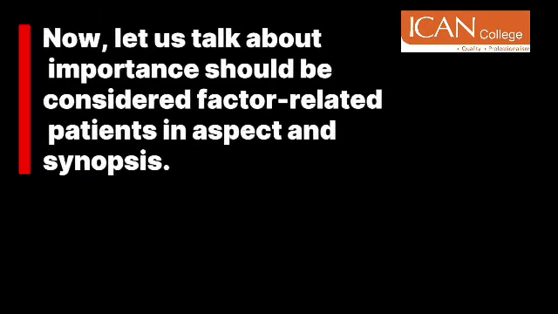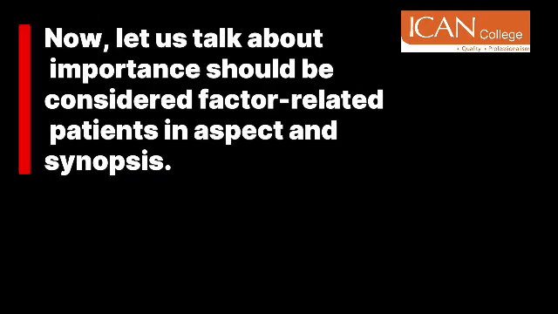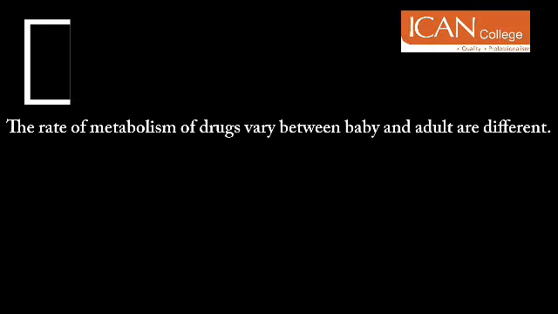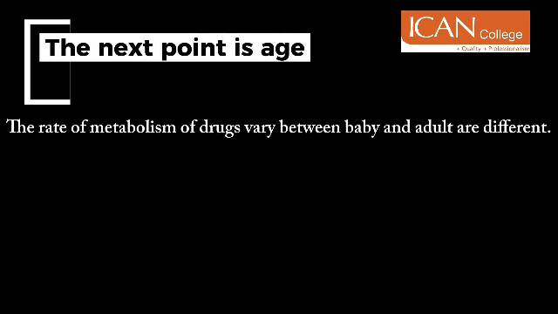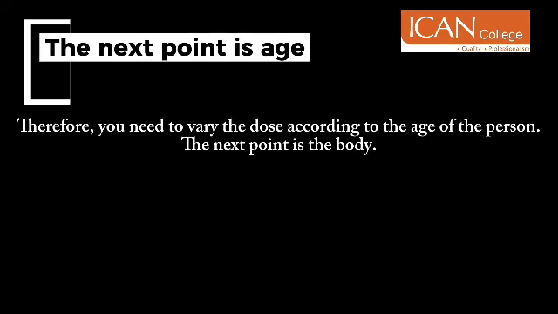Now let us talk about important factors that should be considered related to the patient. First point is age. The rate of metabolism of a drug varies between baby and adult. Therefore, you need to vary the dose according to the age of the person. The next point is body size.